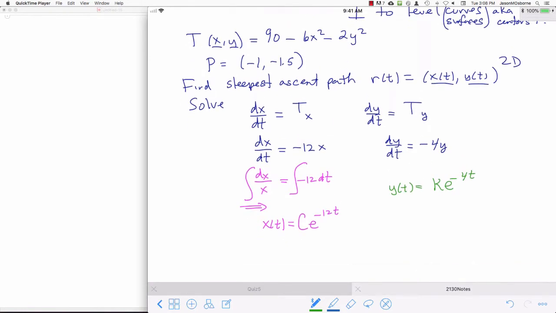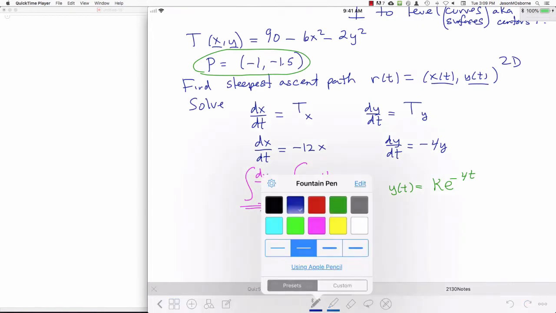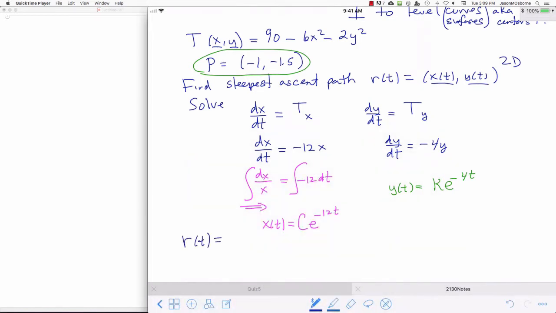Now, we use the fact that we want our insect to travel through the point (-1, -1.5). If we make our curve r of t and take the x and y of t that we just found by solving those differential equations, you'll get some constant times e to the -12t and some constant times e to the -4t.